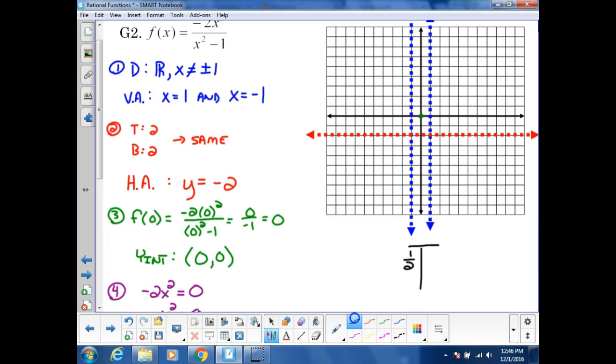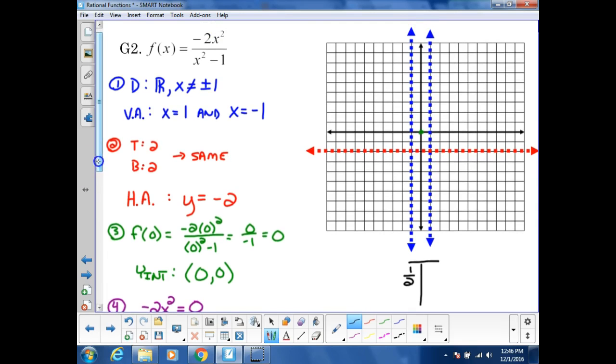If I put 1/2 back into my equation, I get 1/2 times 1/2, which is 1/4, that's the x squared part, times negative 2 is going to be a negative 1/2.